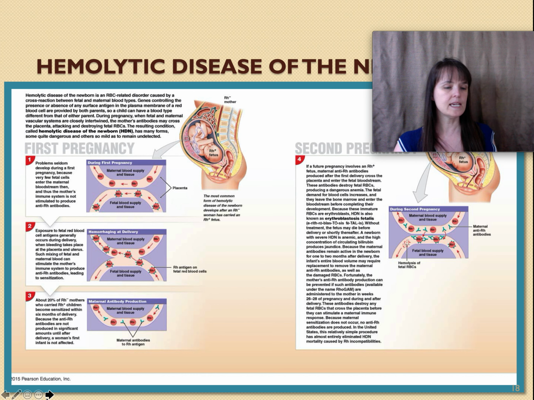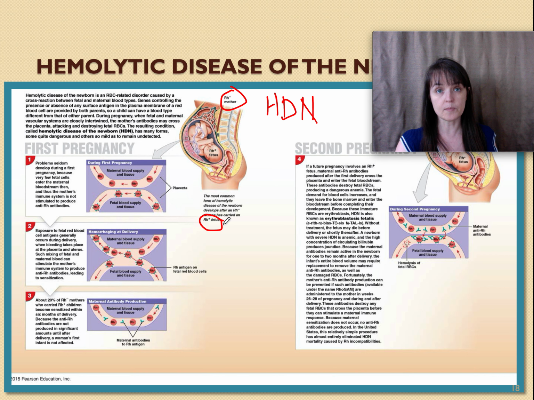And let's talk about hemolytic disease of the newborn, which is abbreviated HDN. So what happens is, if you have an Rh negative mama and an Rh positive baby, again, there is a placental membrane, and the red blood cells do not cross the placenta.